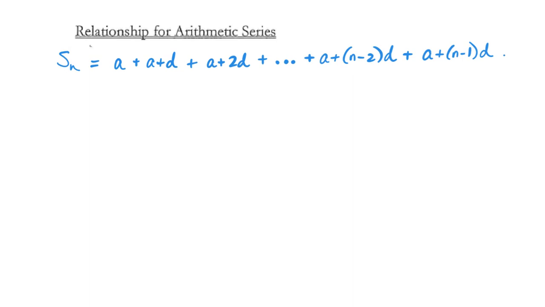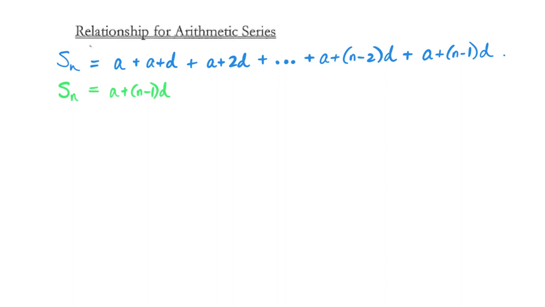Okay, so now what did we do last time? We took that exact same series and we just flipped its order. So rather than writing it in increasing order, we switched the order. So the sum of n terms could now be that sequence flipped. My last term, a plus (n minus 1)d, now becomes my first term.